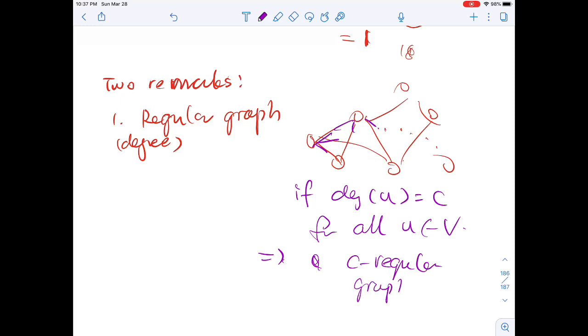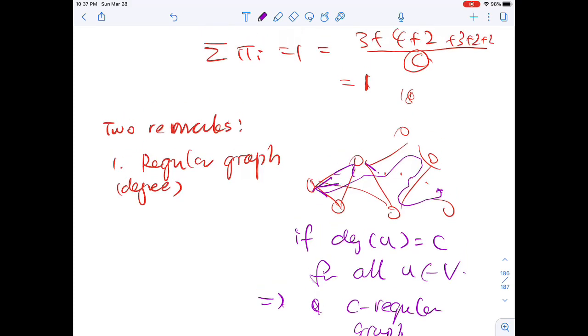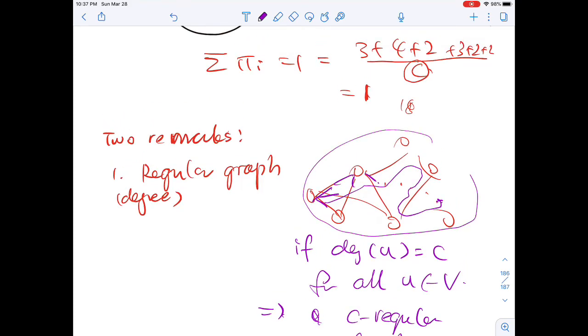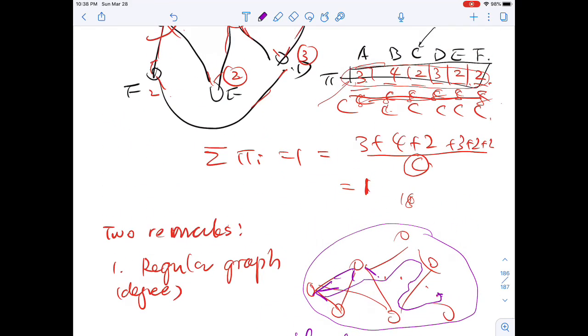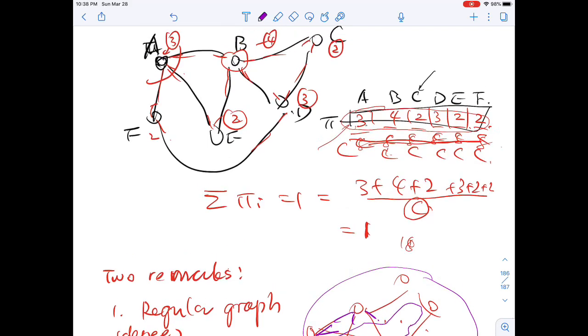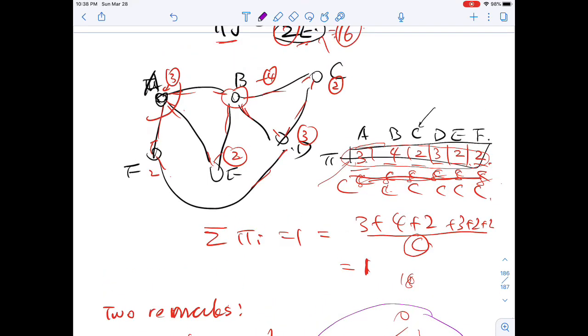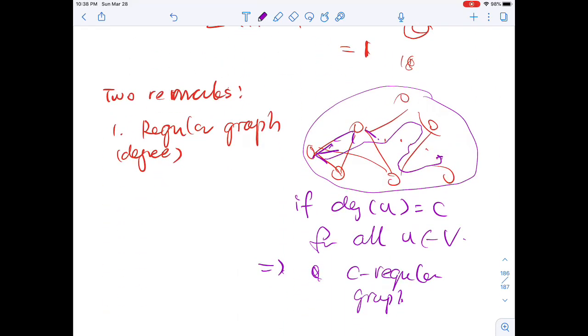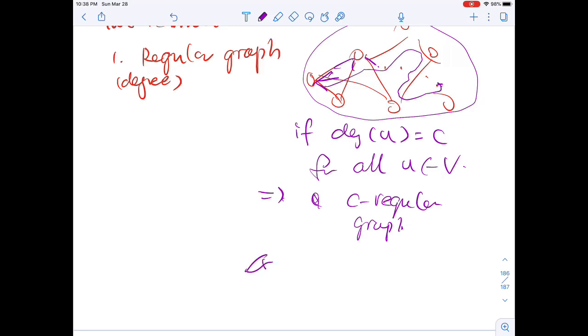Now let's consider a random walk on this C regular graph. If we compute the stationary distribution, it is proportional to the degree divided by 2e, but the degree is the same.